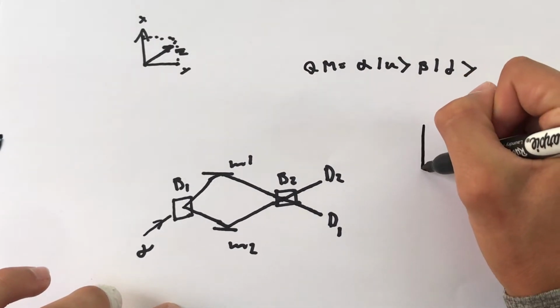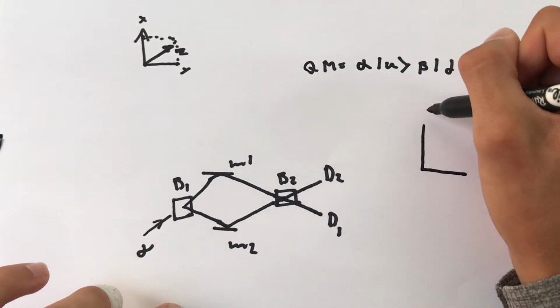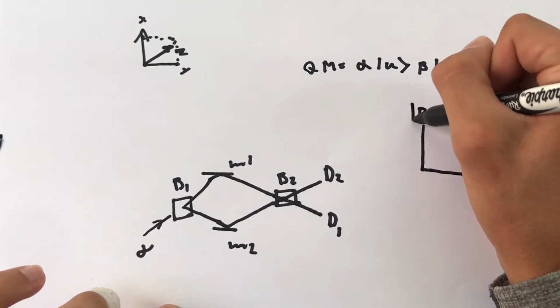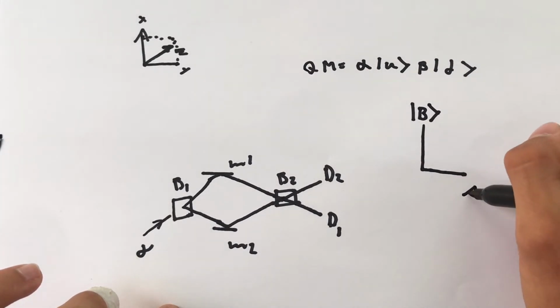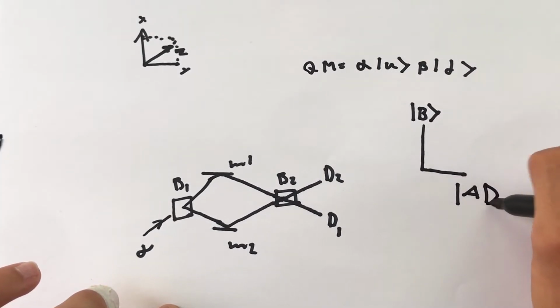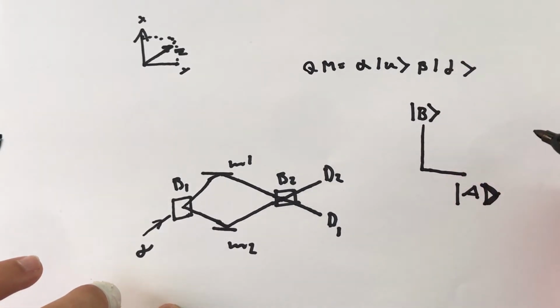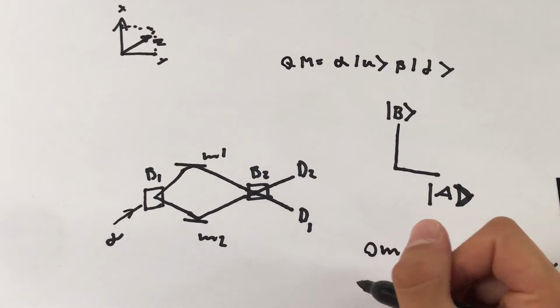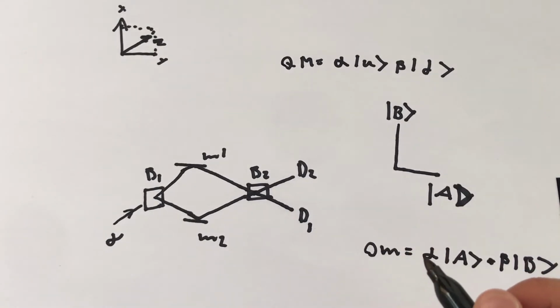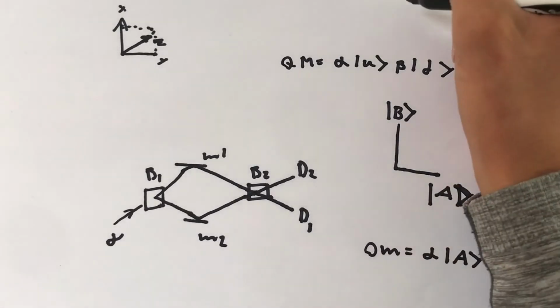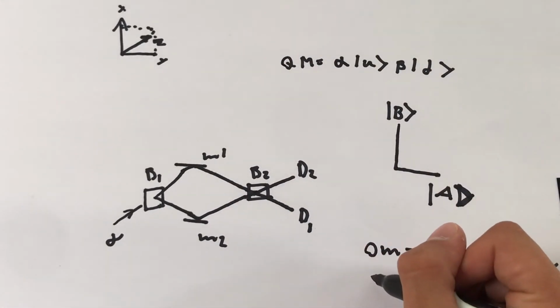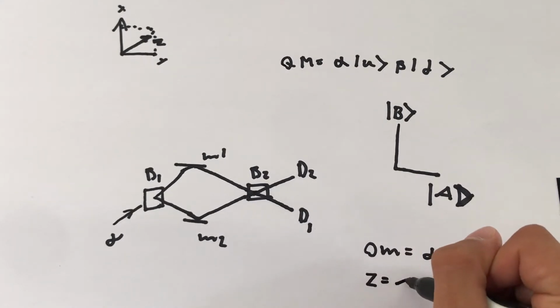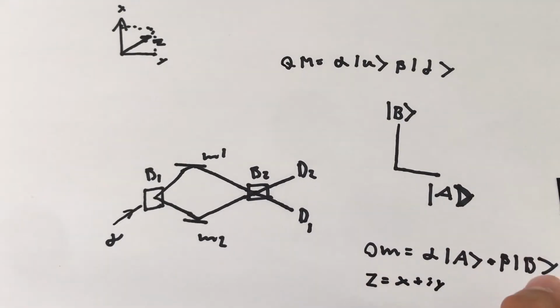So here you have two vectors, vector A and vector B. Alpha and beta are of course complex numbers, and what I mean by that is they follow the formulation that the complex number z is equal to x plus iy, where x is a real number, y is a real number, and i is of course the square root of -1.